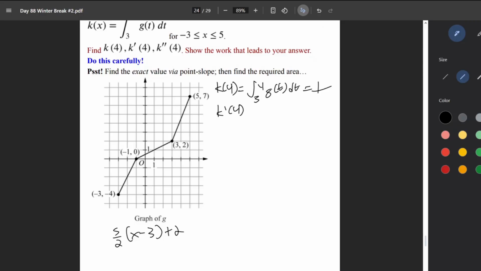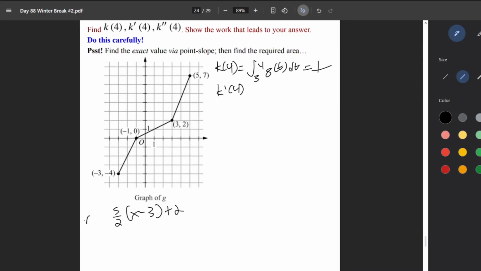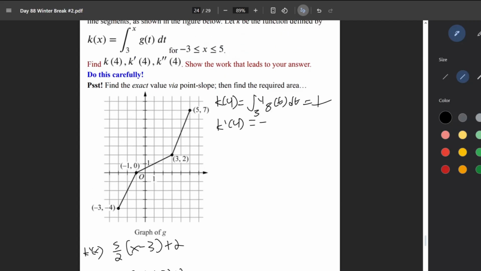So k dash of 4 equals 5 over 2 times (4 minus 3) plus 2. So negative 5 over 2 plus 2 equals negative 1 over 2. So this equals negative. And then k double dash of 4 equals plus also, it is 5 over 2. So we know k dash of 4 is at least.